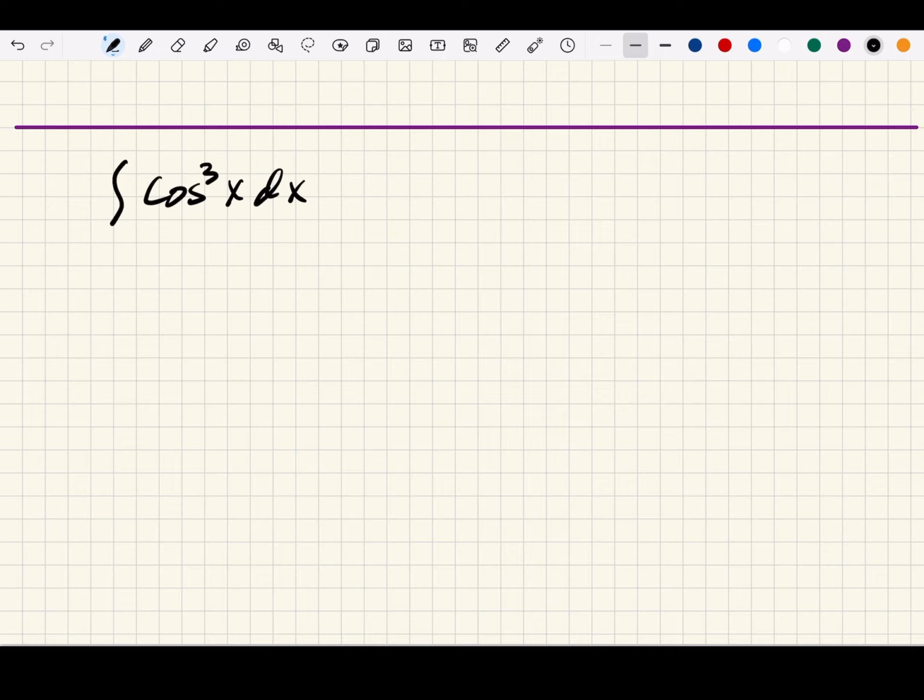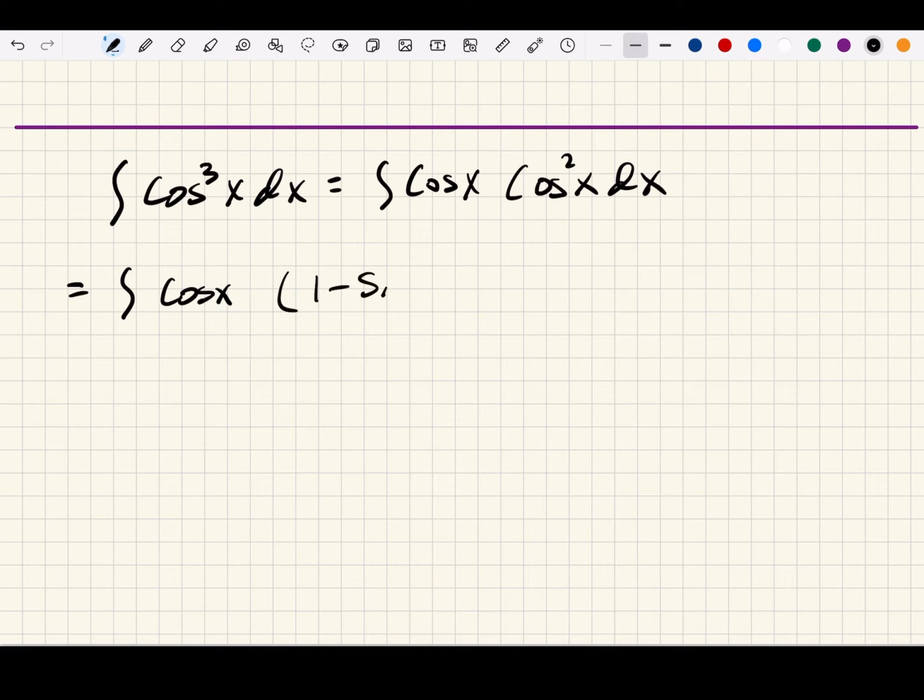Well, here's something I know. I could write this as cosine x times cosine squared x dx. And I could get myself a sine, because cosine squared is 1 minus sine squared. So I could write the integral of cosine x times 1 minus sine squared x dx.